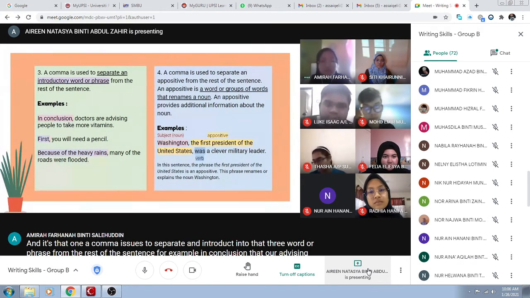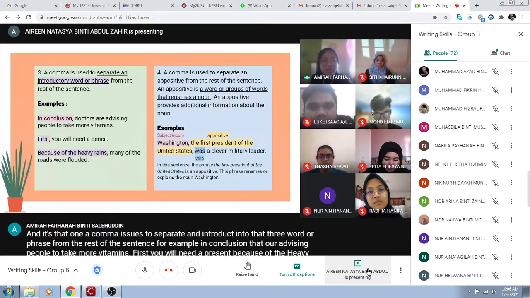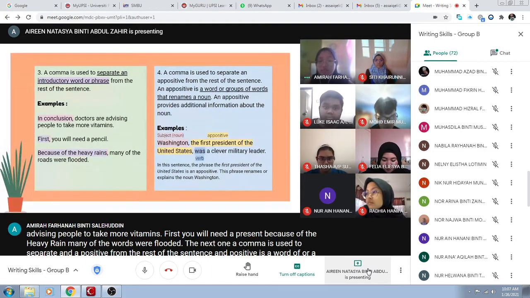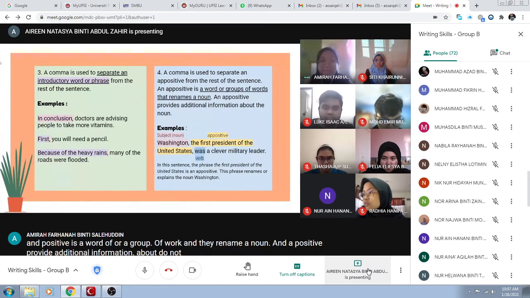The next one, a comma is used to separate an appositive from the rest of the sentence. An appositive is a word or a group of words that renames a noun. An appositive provides additional information about the noun. Dr. Aladdin, a Palestinian, is whatever you want to say.